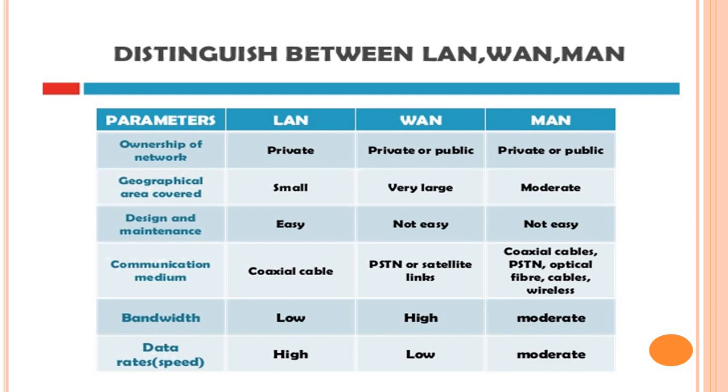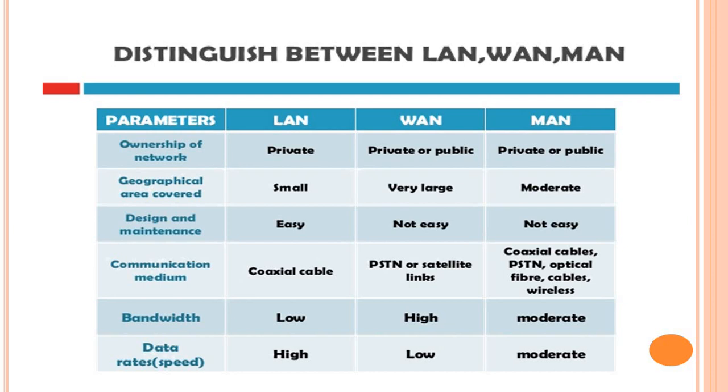The design and maintenance. For LAN, it is easy to design. For MAN and WAN, it is not easy to design. Communication medium. Communication medium means how the data is traveling from one computer to another. For LAN, coaxial cables are used. Some wires are connected between the computers so that data can be transferred.